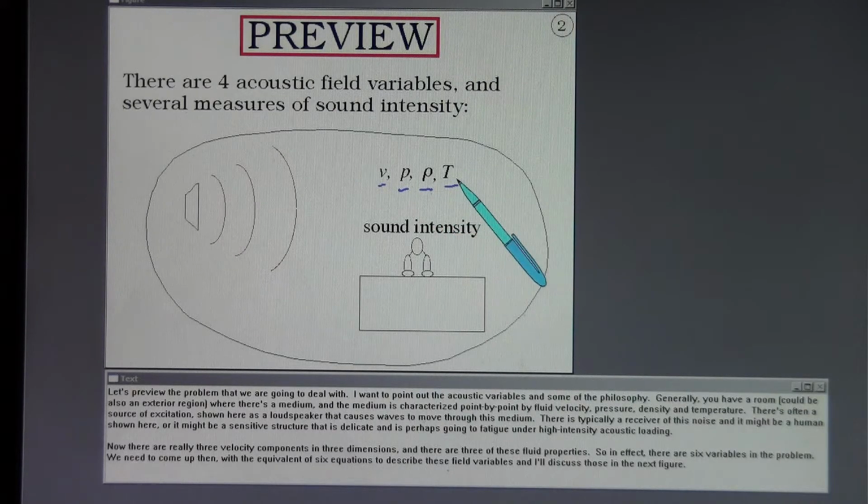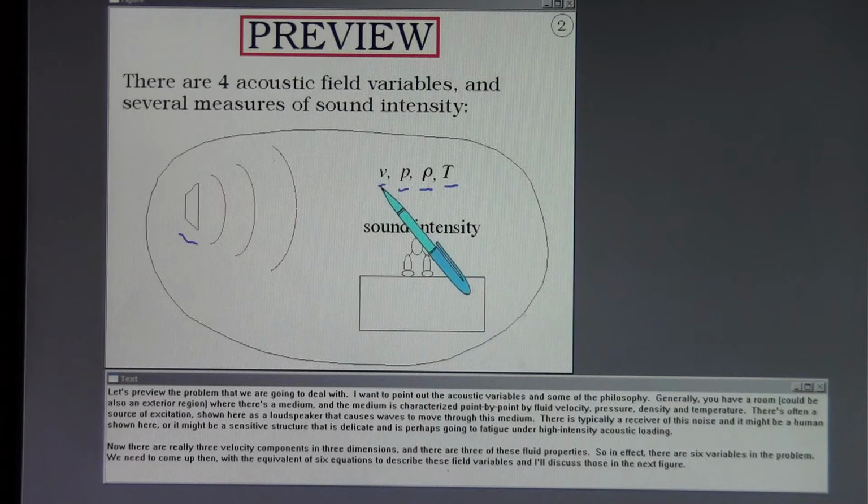There's often a source of excitation, shown here as a loudspeaker, that causes waves to move through this medium. There's typically a receiver of this noise, and it might be a human, shown here, or it might be a sensitive structure that's delicate and is perhaps going to fatigue under high intensity acoustic loading.